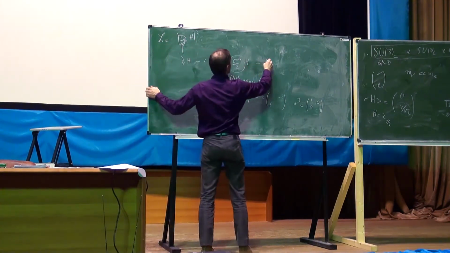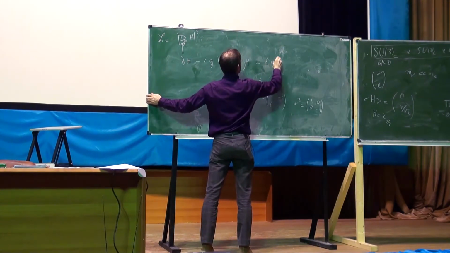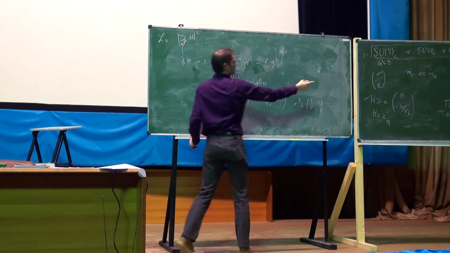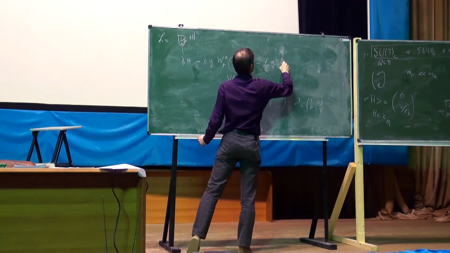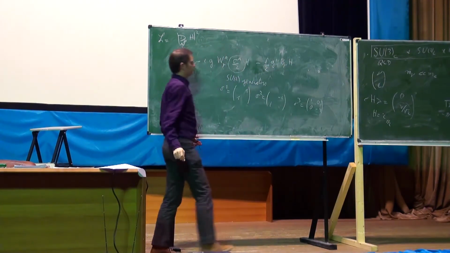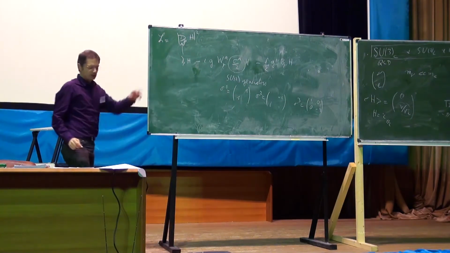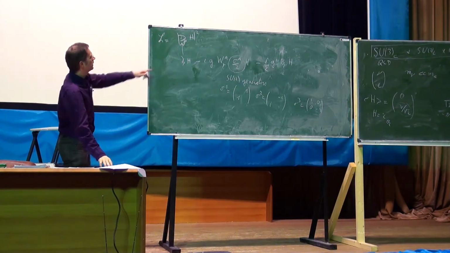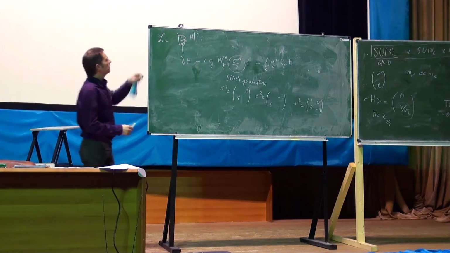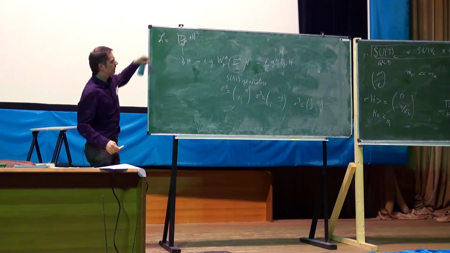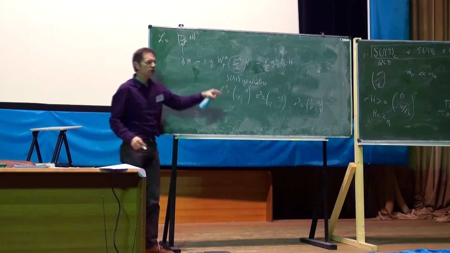And then there is, of course, minus i g prime times the hypercharge of the H, which is 1/2, divided by 2, times B mu. So that's the covariant derivative for the H. And now you can see exactly what this kinetic term corresponds to in the vacuum.